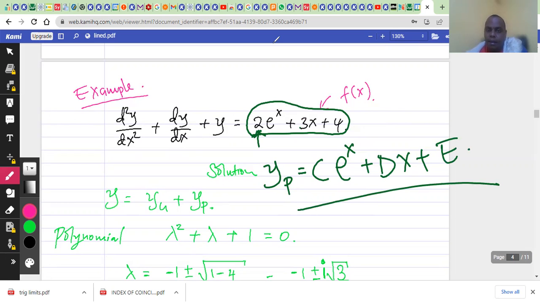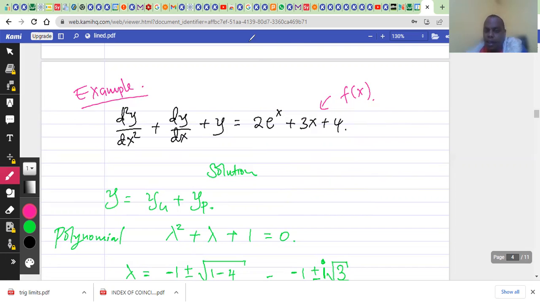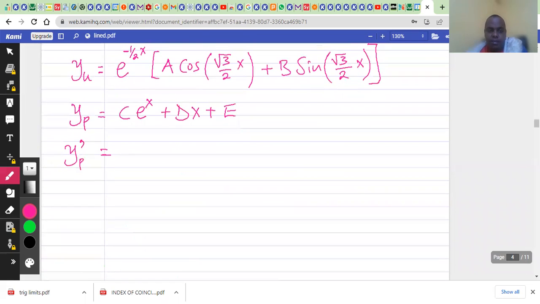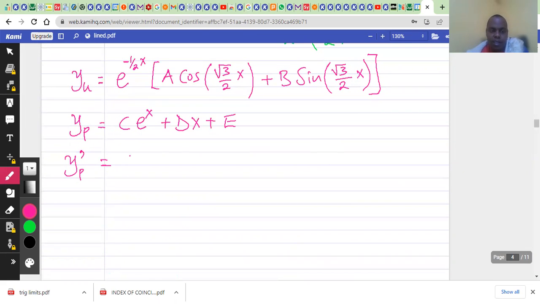And if we get its first derivative, this is going to be Ce^x plus D. Then the second derivative is Ce^x.